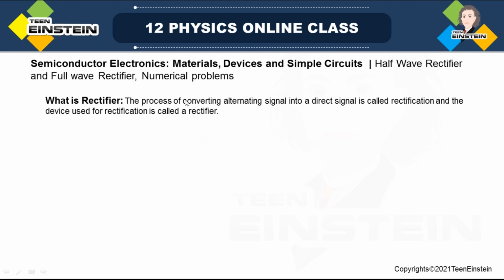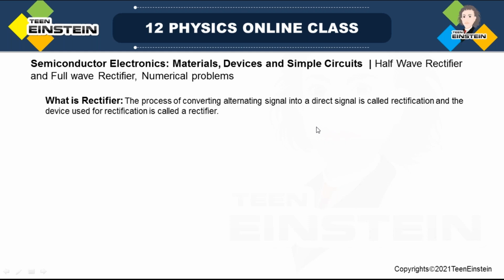And the device we use for this rectification is called rectifier. Rectifier is a device which can convert alternating current or alternating voltage into a direct current or direct voltage. So that is a simple definition of a rectifier circuit or rectifier device.